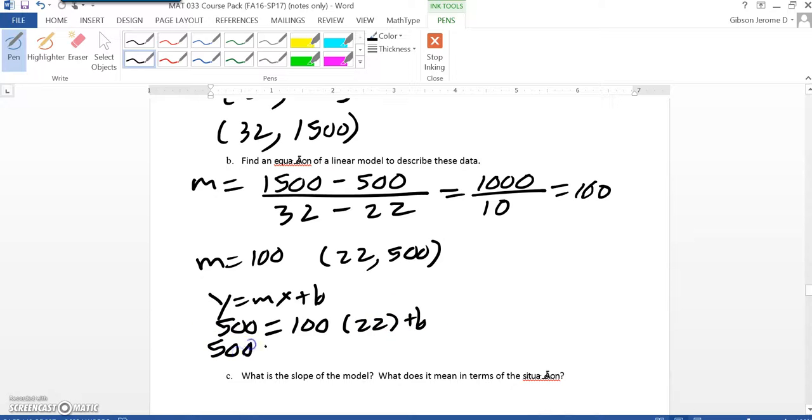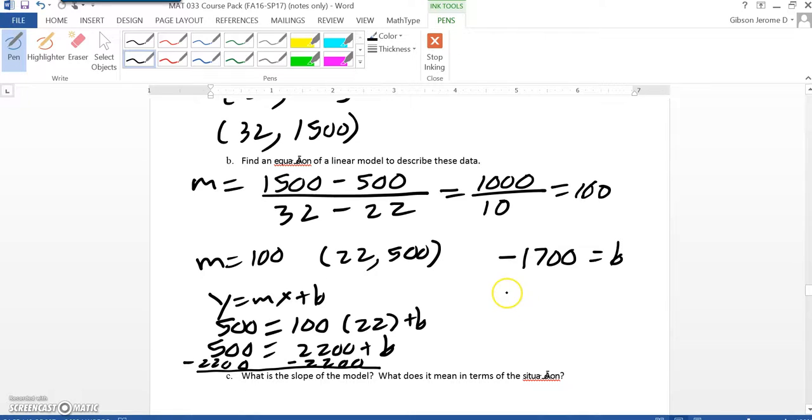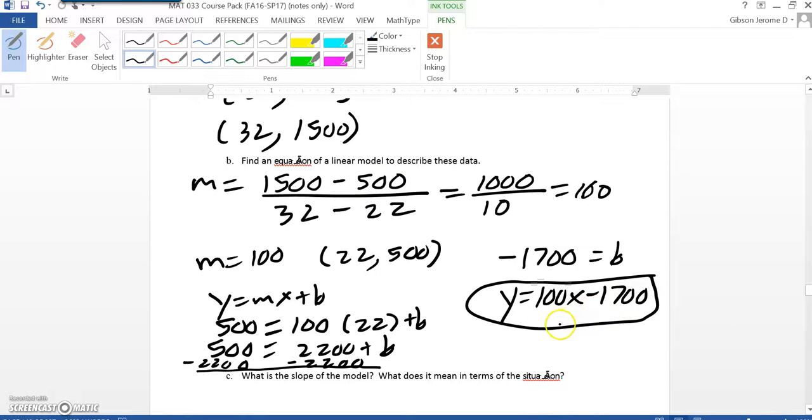So it'll be 500 is equal to 2200 plus b. So we'll subtract 2200 on both sides, and we will have a negative 1700 is equal to b. So now our final equation would be y is equal to 100x minus 1700. That would be our equation.